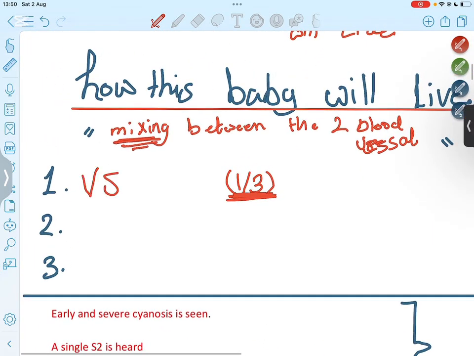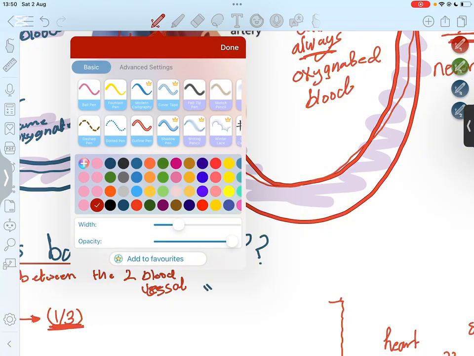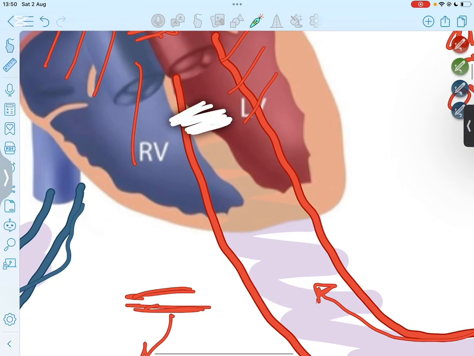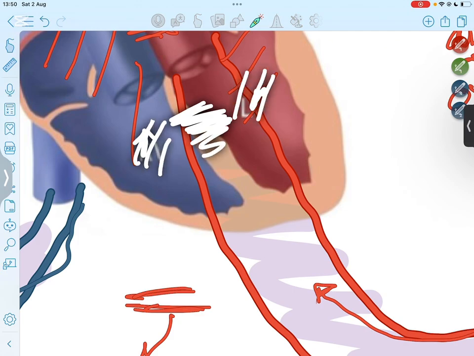First thing, VSD, ventricular septal defect, which is found in a third of the patients. It makes sense because there is an opening between the right ventricle and the left ventricle, so there will be mixing between the deoxygenated blood and oxygenated blood.